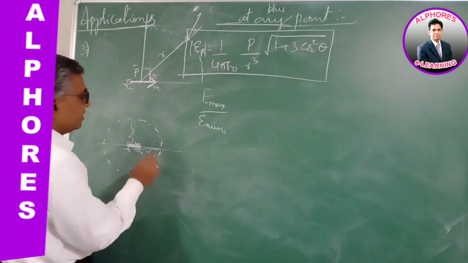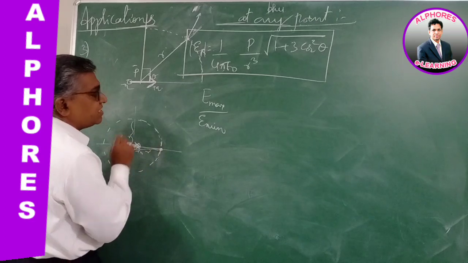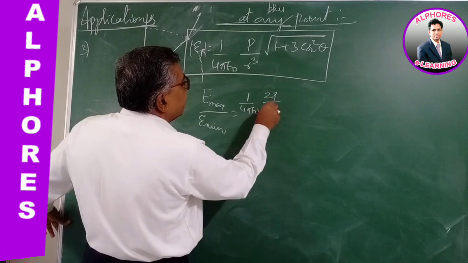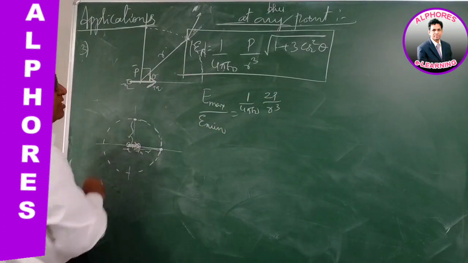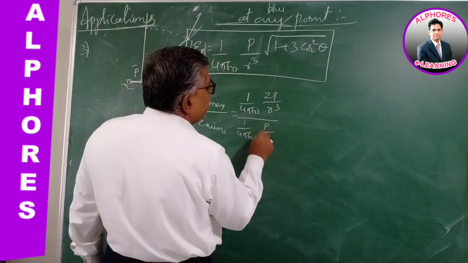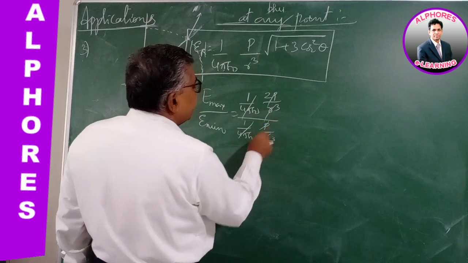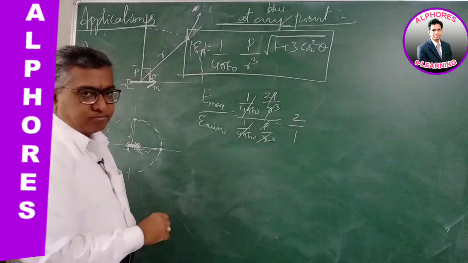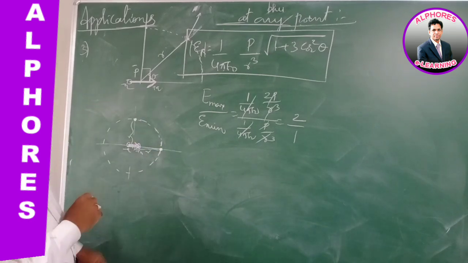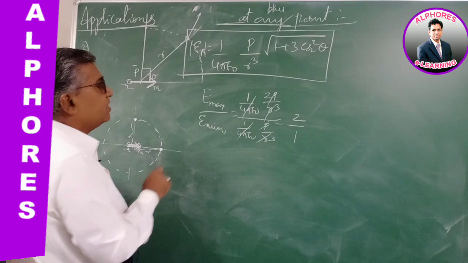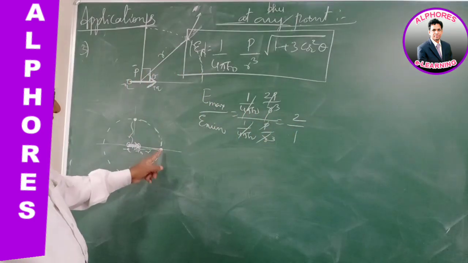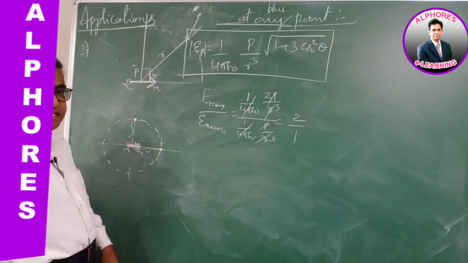We know the field is maximum on the axial line, so it is 1 by 4 pi epsilon naught, 2p by r cube. The field is minimum on the equatorial line, so it is 1 by 4 pi epsilon naught, p by r cube. Dividing, it is 2:1. The axial field is twice the equatorial field. So E max to E min is 2:1. On the axial line it is maximum, on the equatorial line it is minimum.